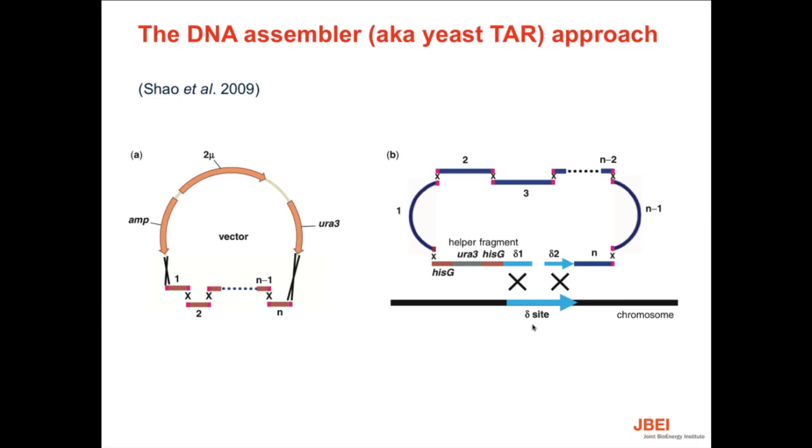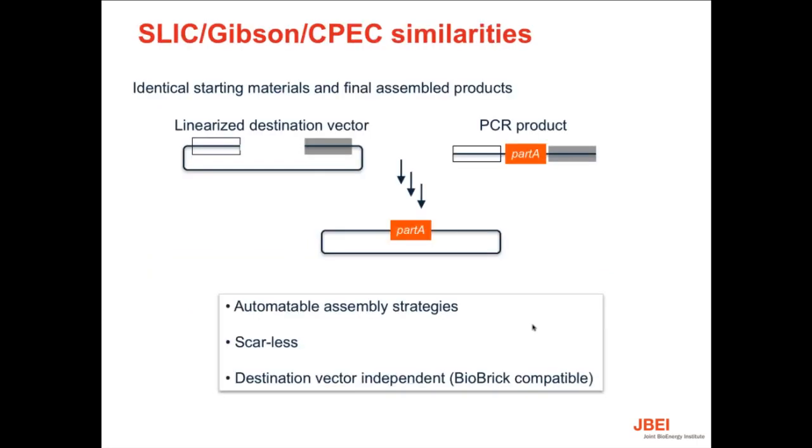So by no means an exhaustive list, but those would be some flavors of the different types of assembly methods. And we'll talk a little bit later about why you might want to use one rather than another in particular circumstances. Just to emphasize, there are lots of similarities between these methods. They generally all start with exactly the same types of starting materials, and they all end up with the same assembled products.